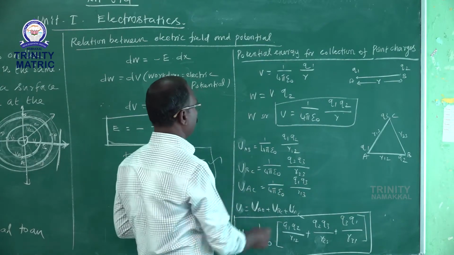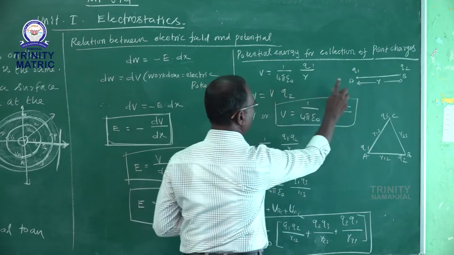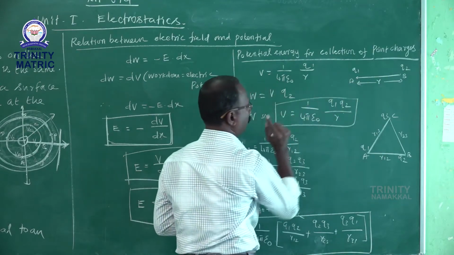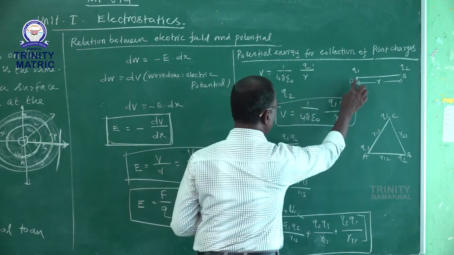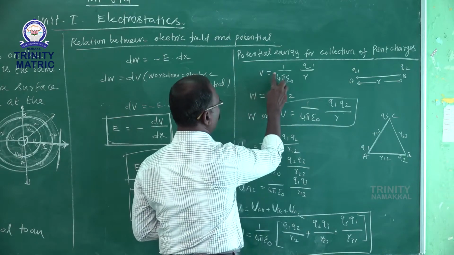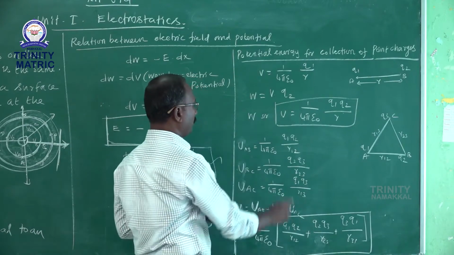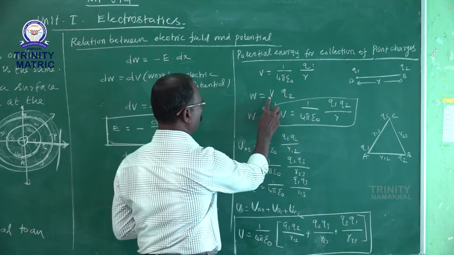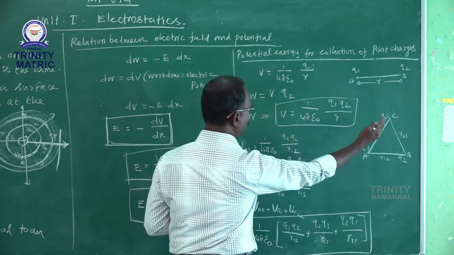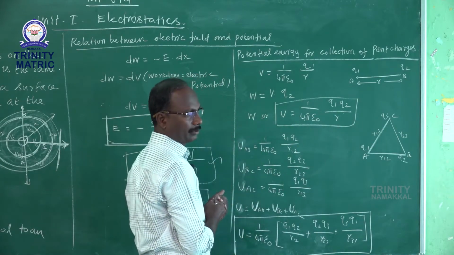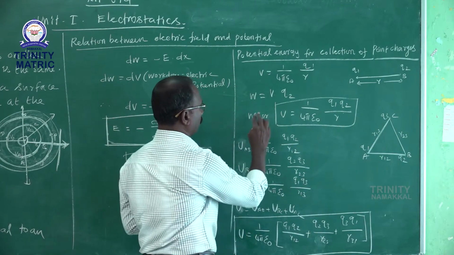You know the formula for electric potential at a point due to a single point charge Q1. V is equal to 1 by 4 pi epsilon naught Q1 by R. You know the work done formula, W is equal to V into Q2, where another charge moves towards Q1.